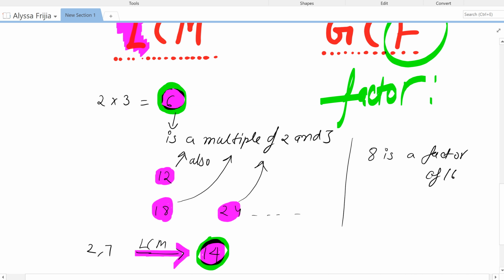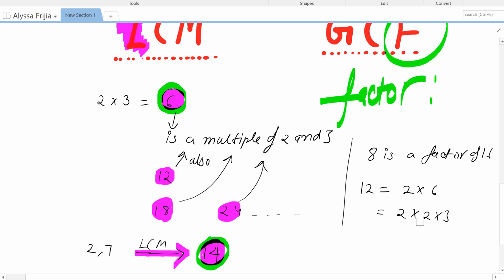Now, these two numbers are factors of 12, for example. 2 times 6, and 6 is 2 times 3.